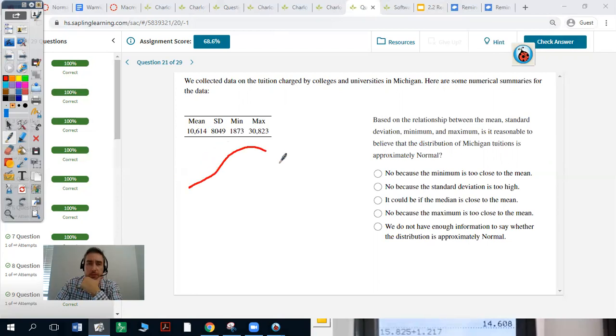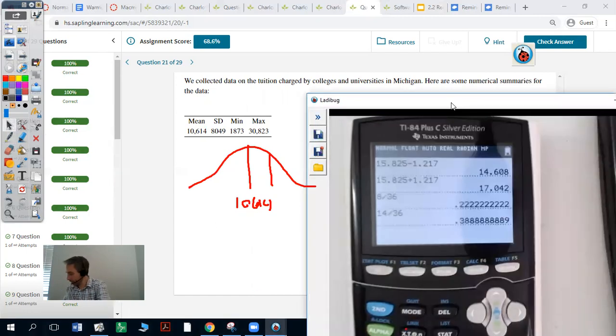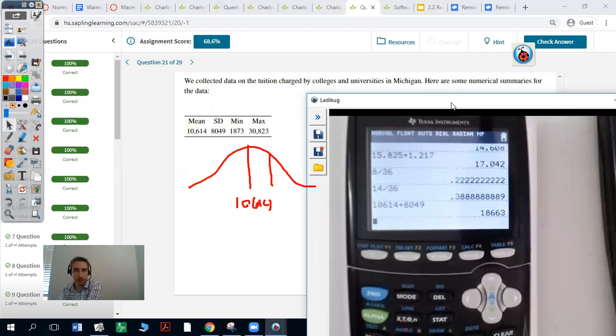Let's do some adding. If I add 8049, I get 18,863. If I subtract it, I get 2,565.